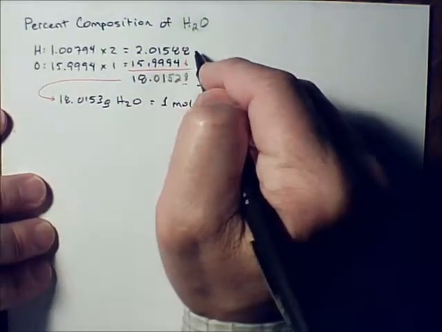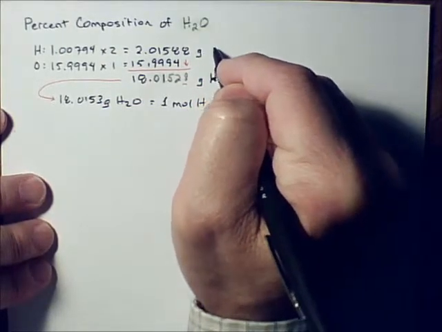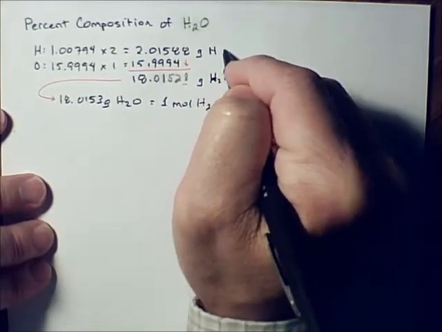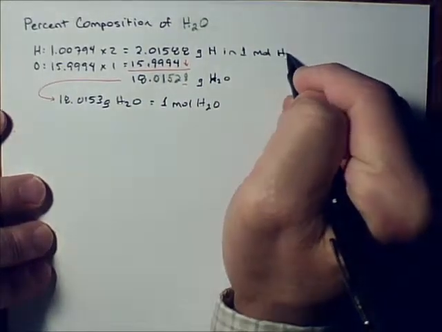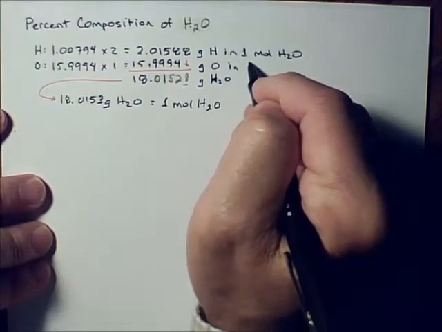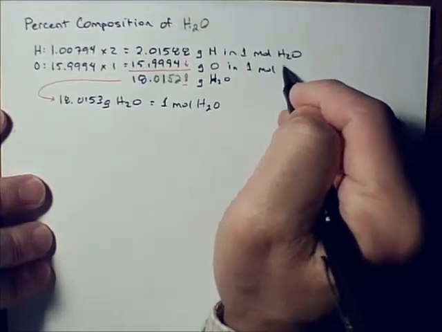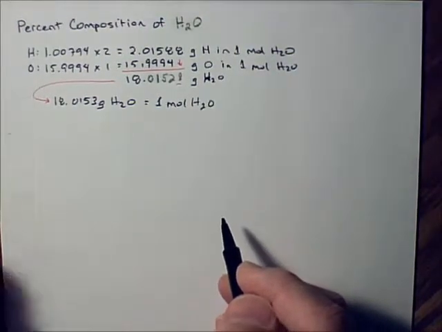But it also turns out that when we do this calculation, this is, in grams at least, the mass of the hydrogen in 1 mole of H2O, and this is the mass of the oxygen in 1 mole of H2O. Okay? And so using that we can calculate the percent.